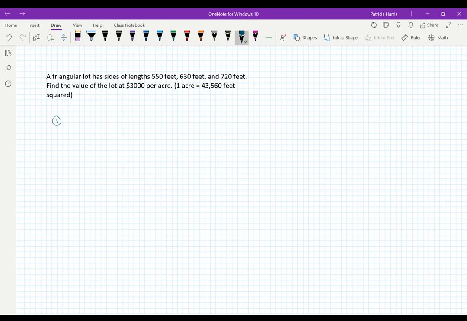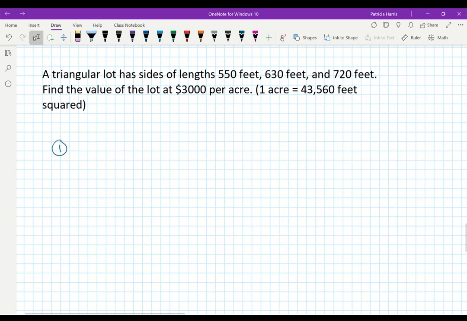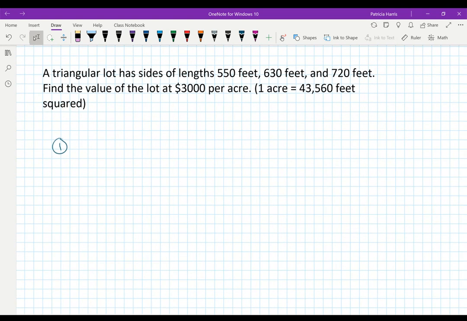So first, we have to figure out how we're going to find the area. Can we use base times height divided by 2?